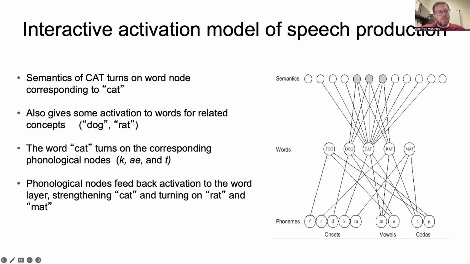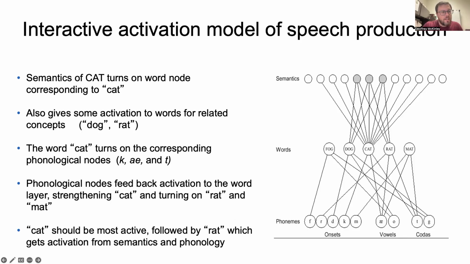But then the phonological nodes feed back activation to the word layer, strengthening cat and turning on rat as well as mat. Okay. And so cat, in this example, should be most active, followed by rat. And that's because the word node, which word you select, is influenced by the activation from the semantic units, but also from the phonological units, or the sound-based units.